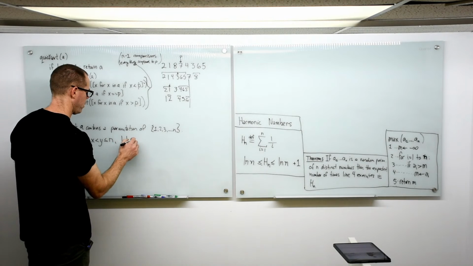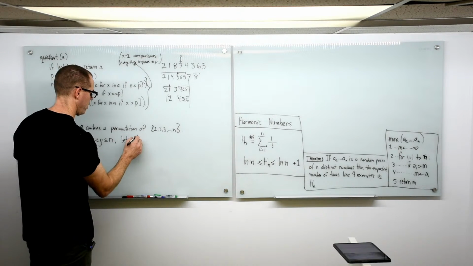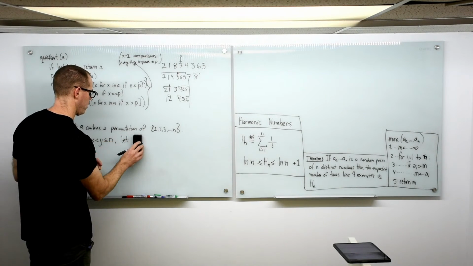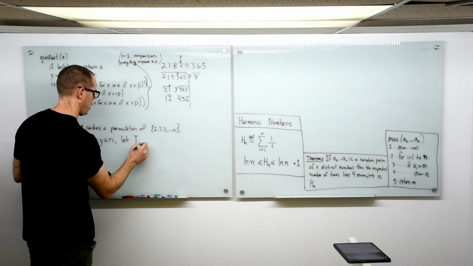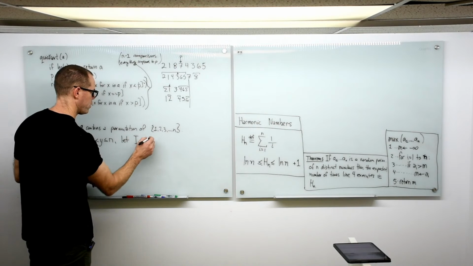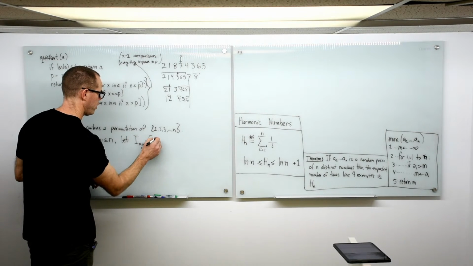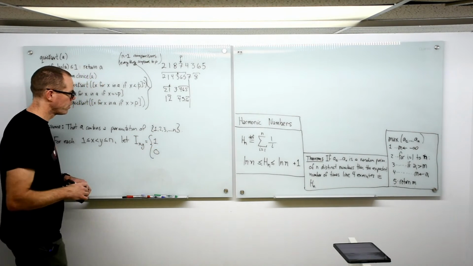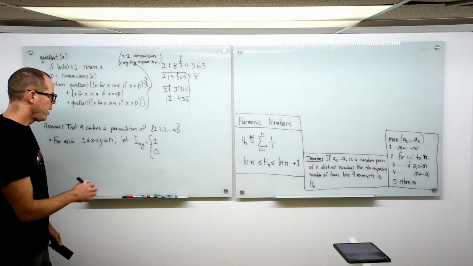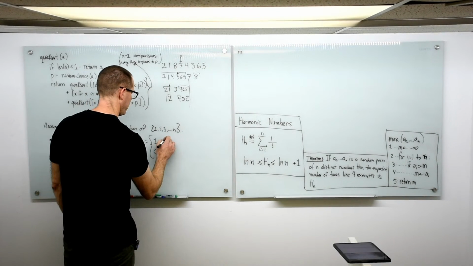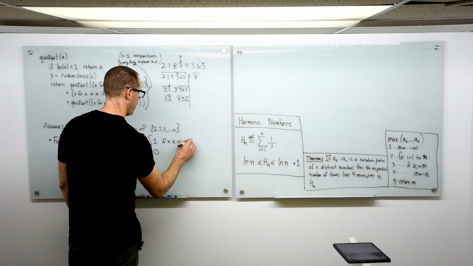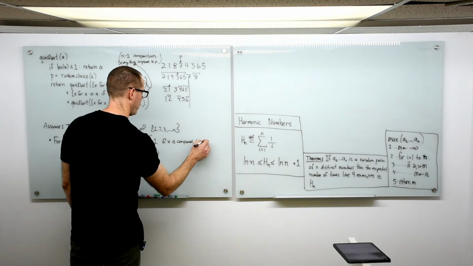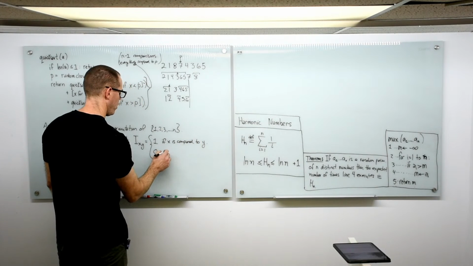Let I x, y, so this is going to be an indicator random variable, so it's going to have values 1 or 0, and it will be 1 if x is compared to y, and it's 0 otherwise.